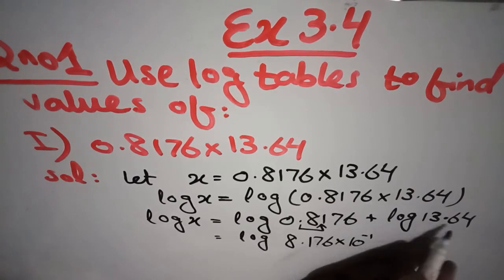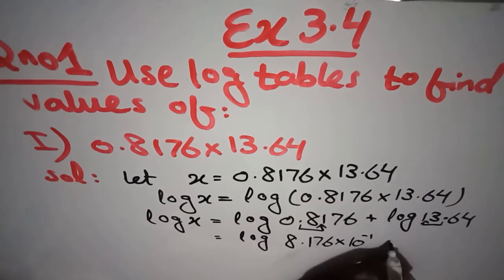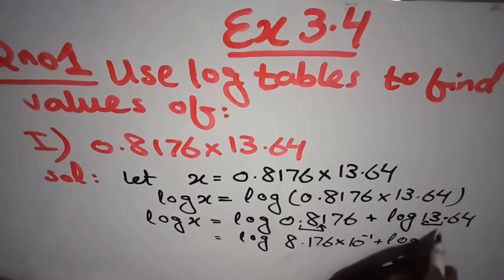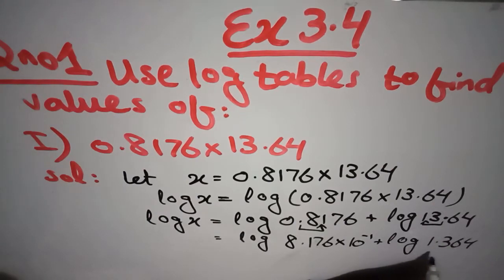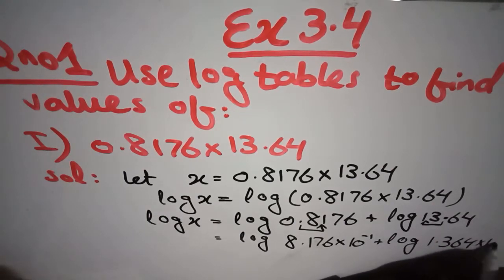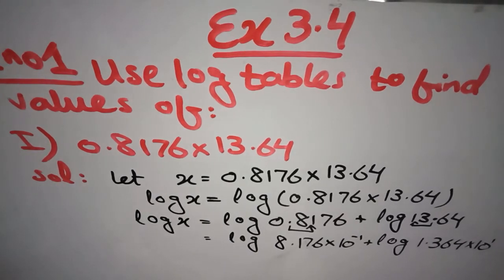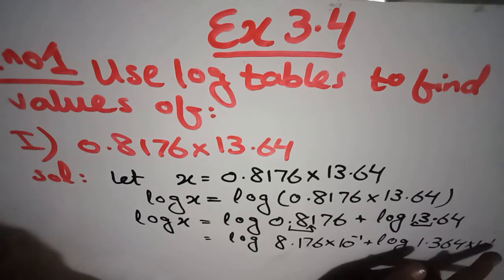Similarly, you will find the logarithm of this one. So this is very easy. There we have 1.364 multiply 10 raised to power 1, that is a positive power.